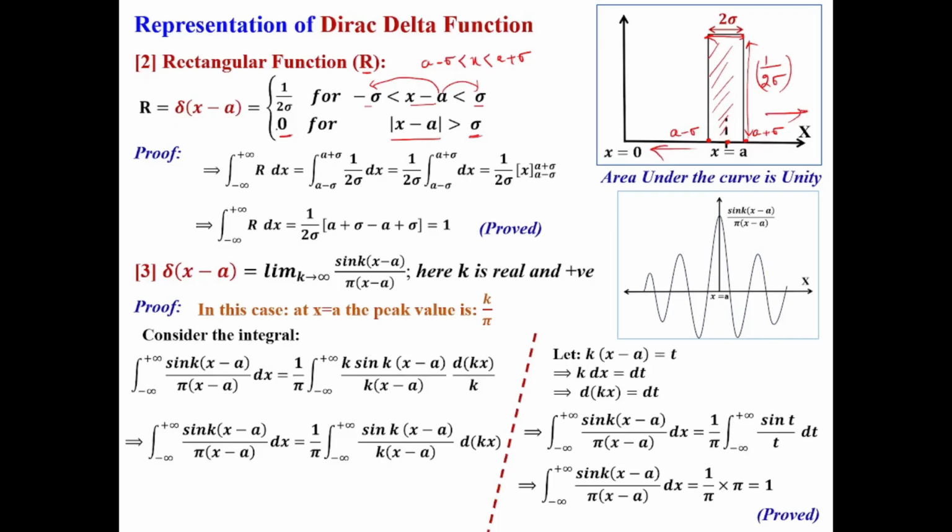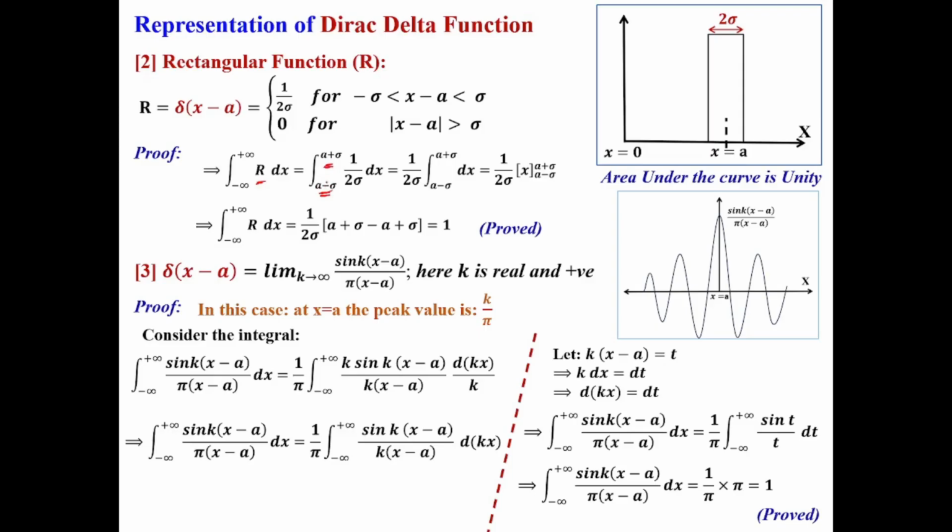Now we are going to prove that this integration from minus infinity to plus infinity is 1. Very simple integration. Here you can see the rectangular function exists in between these two limits, so no need to write all the limits. I have written a minus sigma to a plus sigma as the limits.